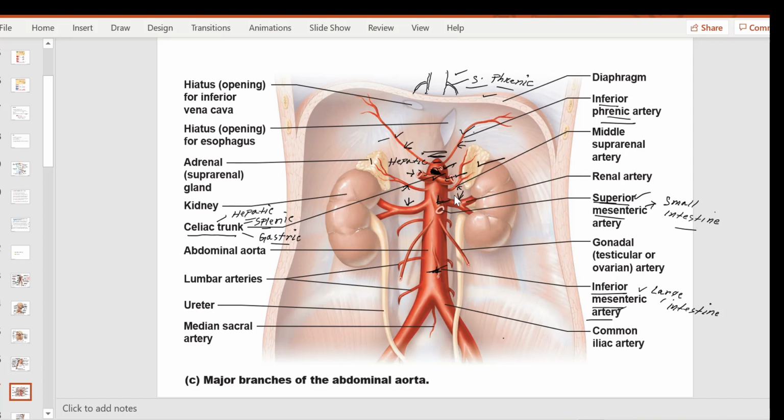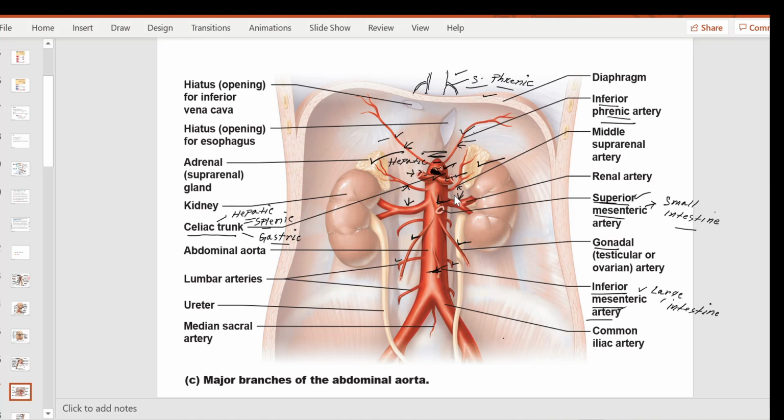So those are paired arteries. Two gonads receive blood from the gonadal arteries. So you have two testes in male and two ovaries, those are the gonads. So two gonadal arteries for the gonads, and two lumbar arteries for the back muscles.